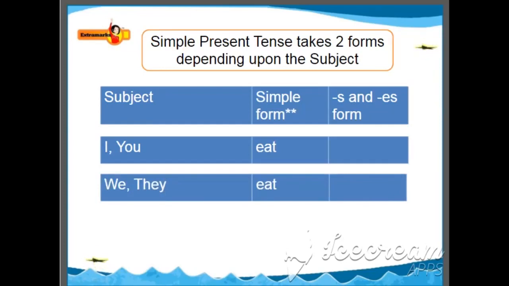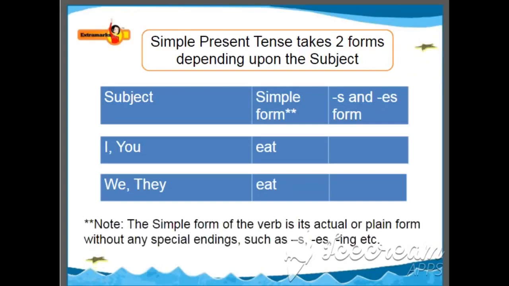Here also the simple form of the verb eat is being used, with the subject we and they. Please note that the simple form of the verb is its actual or plain form, without any special endings such as s, es, ing, etc.